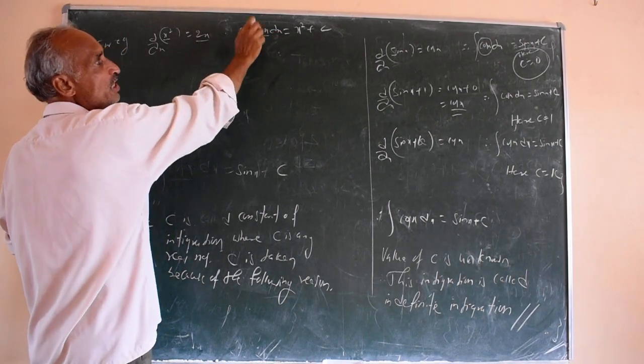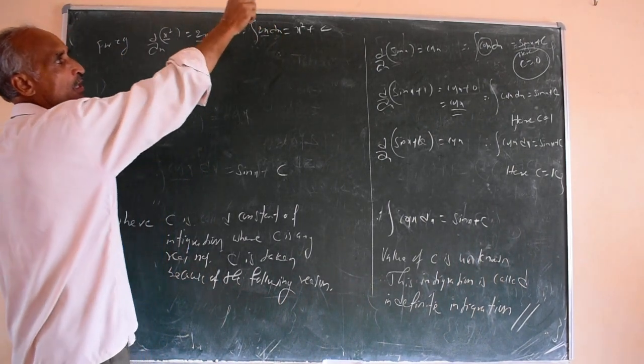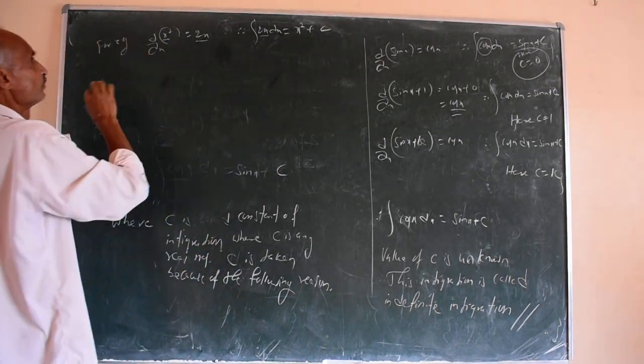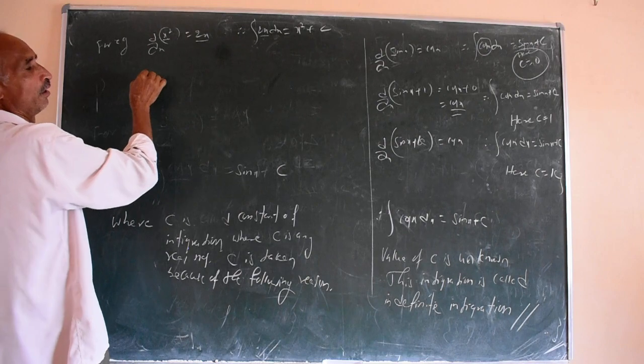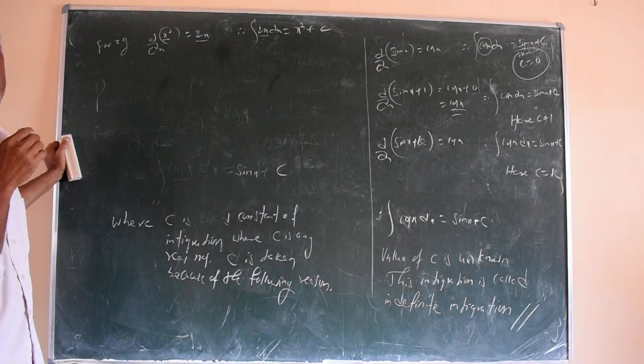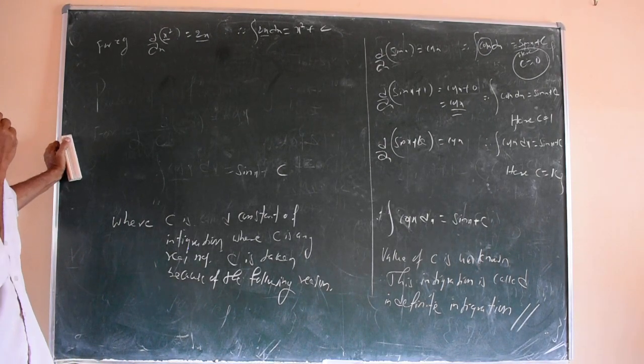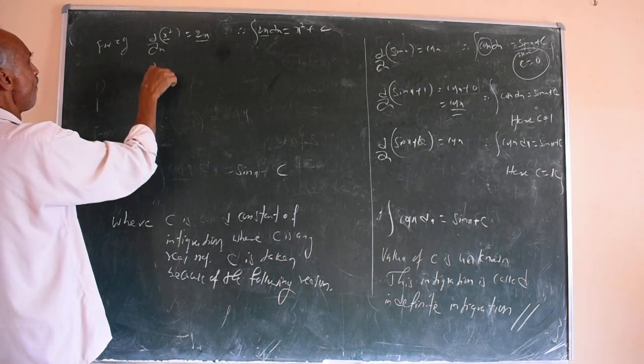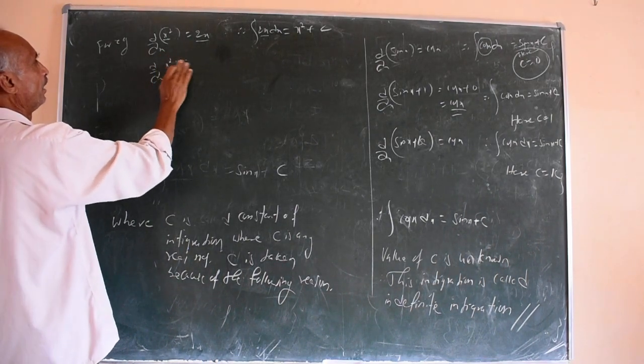This dx means integration with respect to x. So 2x dx is x square plus c, where c is the constant of integration, it may be 0 or 1, because d by dx of x square plus any constant c is 2x.